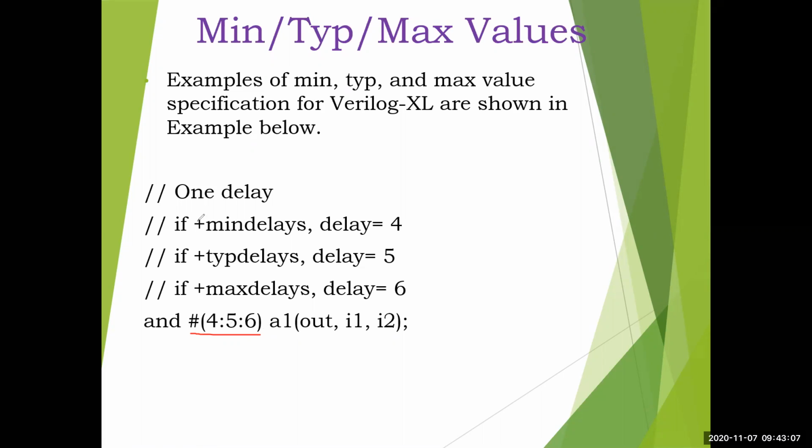In the simulator, minimum delays are delay equal to 4, typical delays delay equal to 5, max delays delay equal to 6. So this is one example with one delay for all transitions. Similarly, we will see the other two options also.